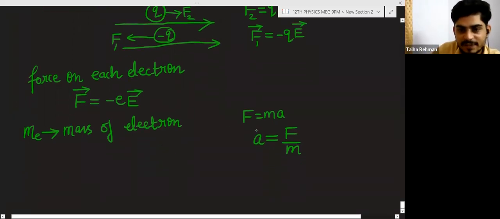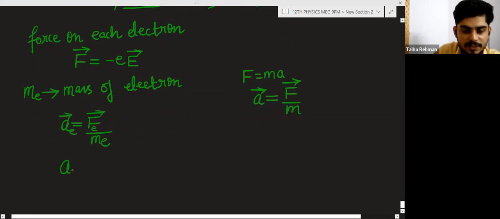And if I want to write this in vector form, then acceleration is a vector and force is a vector. So acceleration of electron is equal to force on electron divided by mass of electron.